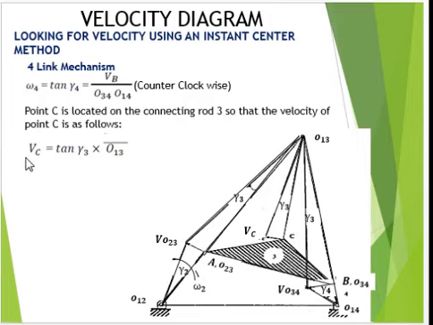So for the velocity at position C, we can take it equal to gamma 3 multiplied by this radius, O13 C.